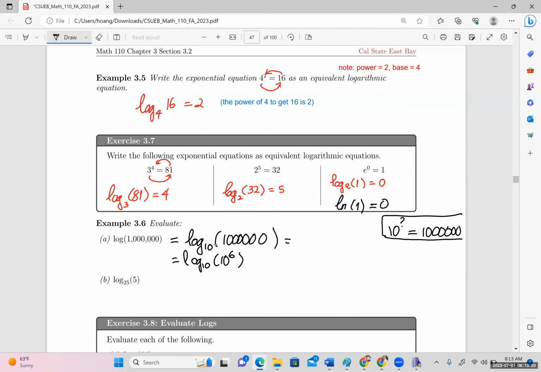That means what I'm left with is 6. If you think about converting this to 10 to the 6, the question mark will be 6 only, because you have the same base, so the powers are the same.